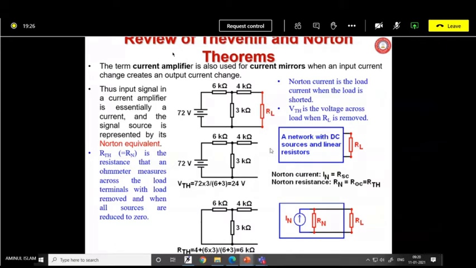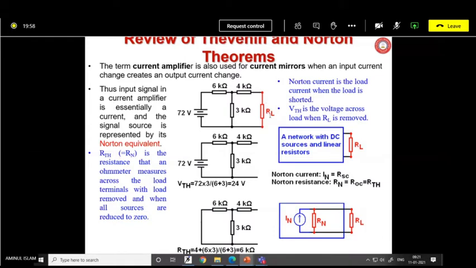Suppose Thevenin voltage you want to find out. Remove the load, that is RL, the red resistance, and if you connect a voltmeter, then what you get is the Thevenin voltage, VTh. It is a network of resistances along with some DC voltage.